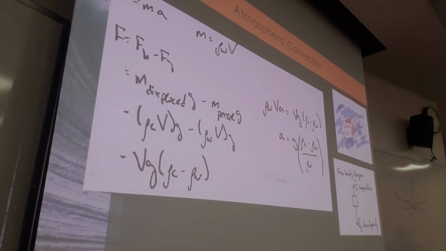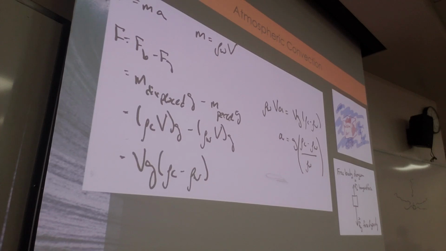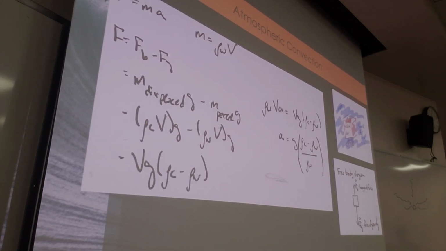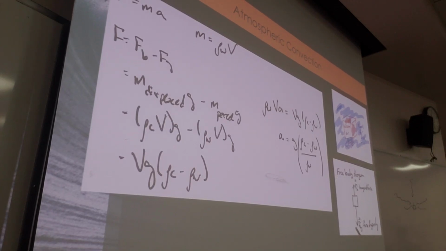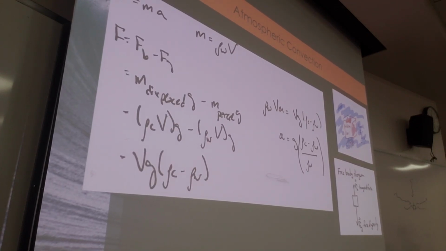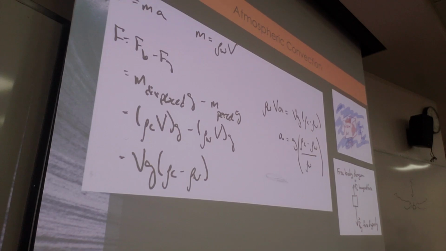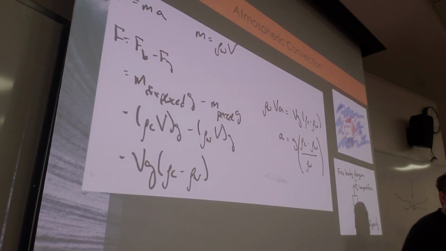And so we can actually use physical principles to calculate the exact rate at which a parcel of air is going to rise or fall. And I think on the second assignment, or maybe the third assignment, you'll get to play with this formula and estimate for ocean water how fast or how slow it is going to rise or sink when it's embedded in water of a different temperature or salinity.